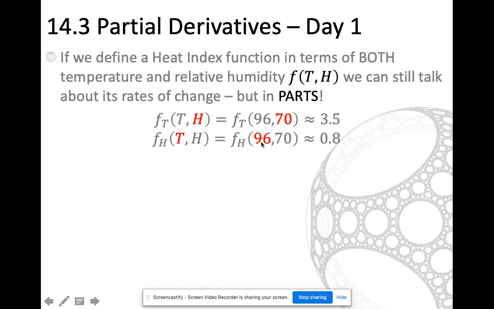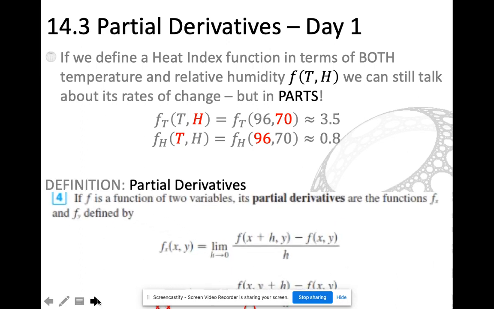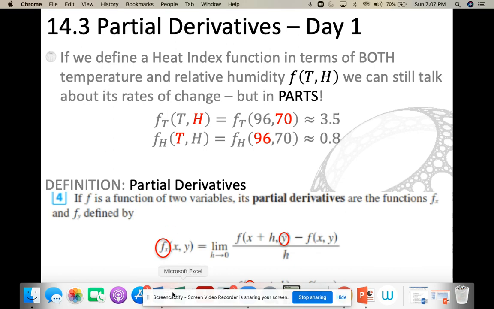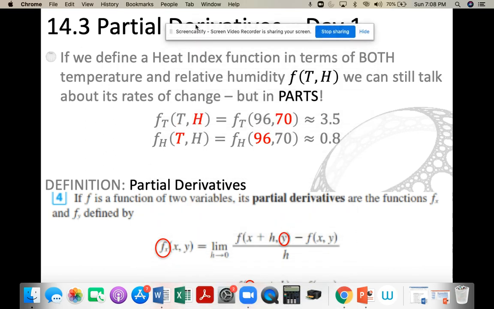And you estimated that with 96 held constant and estimated at 70, and you got approximately 0.8. That's the idea behind partial derivatives. When you have a function defined in two variables, find the rate of change of one variable while holding the other one constant.